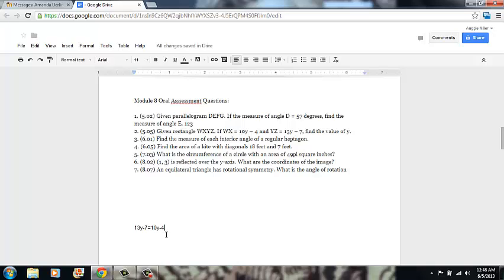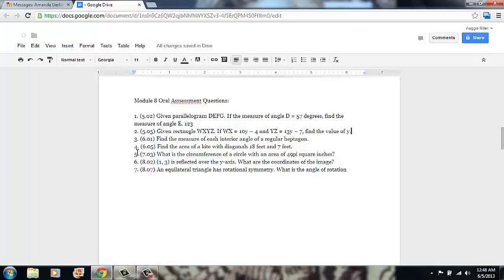We'll subtract 10y from both sides, leaving 3y minus 7 equals minus 4. Then we'll add 7 to both sides, so 3y equals 3, divide both sides by 3. Y equals 1.